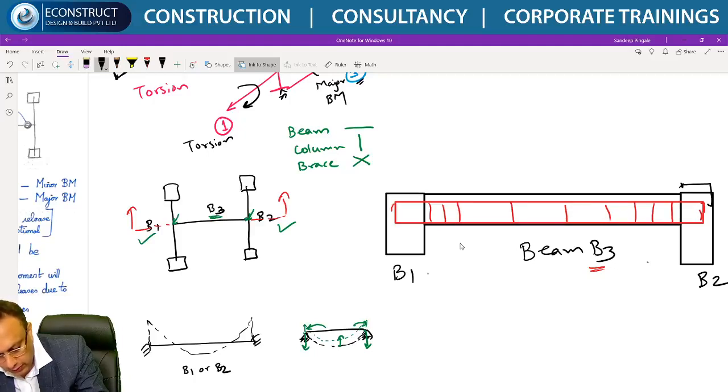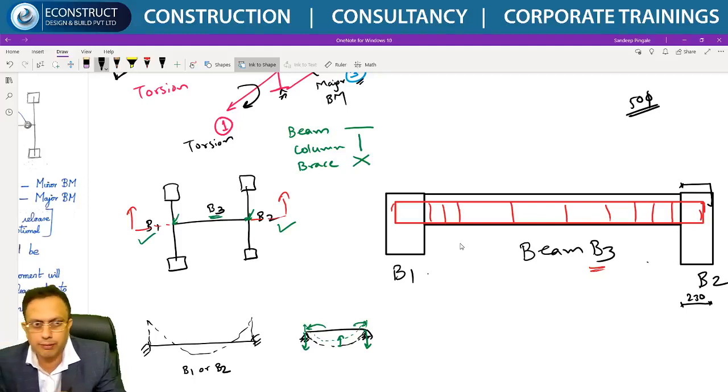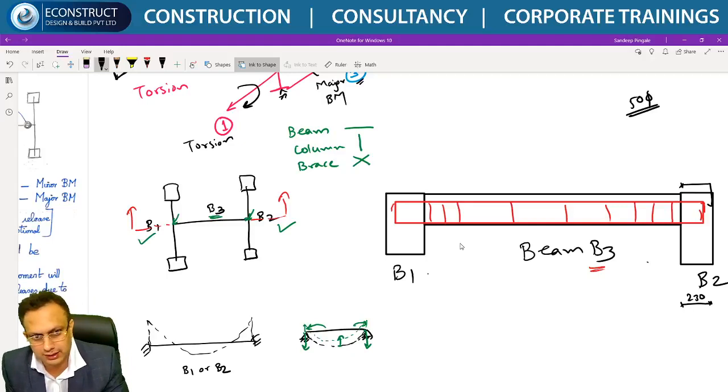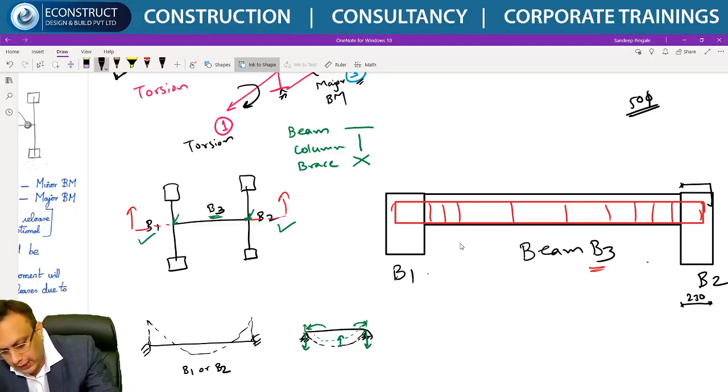From here to here it will be the anchorage length. So imagine that beam B2 will have 230 as the width. So can you provide 50 times the diameter of the rebar as the anchorage length? It is impossible to provide that much anchorage length, so the resistance to bending action will not happen.